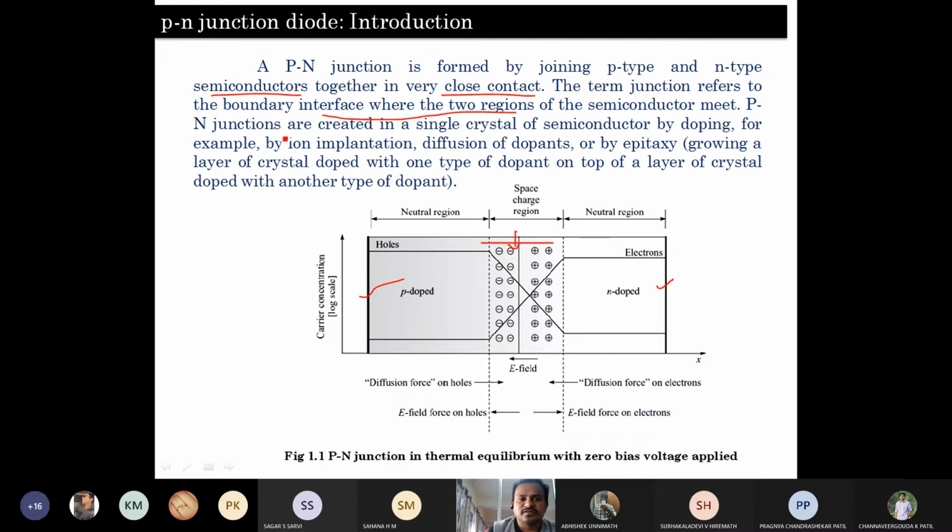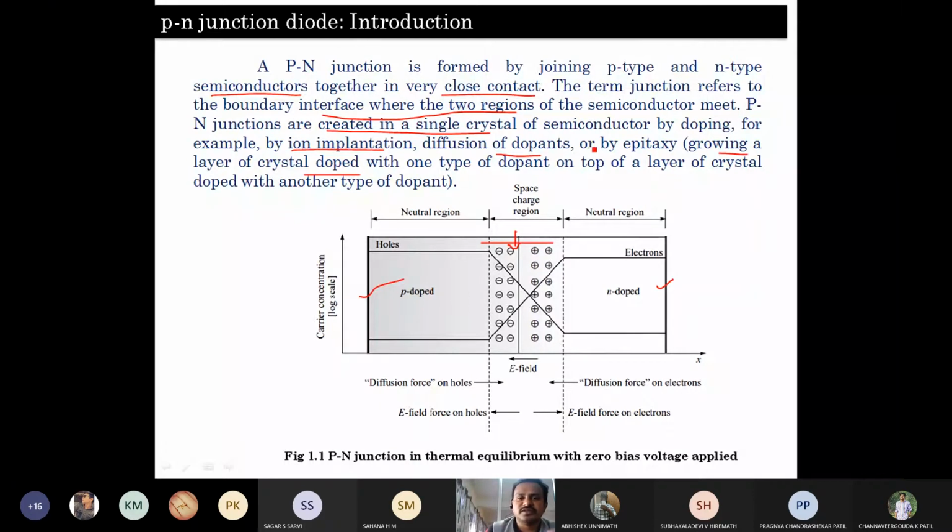P and N junctions are created in a single crystal of semiconductor by doping. For example, the doping may be ion implantation or diffusion of dopants, or by epitaxy, that is growing a layer of crystal doped with one type of dopant on top of a layer of crystal doped with another type of dopant.